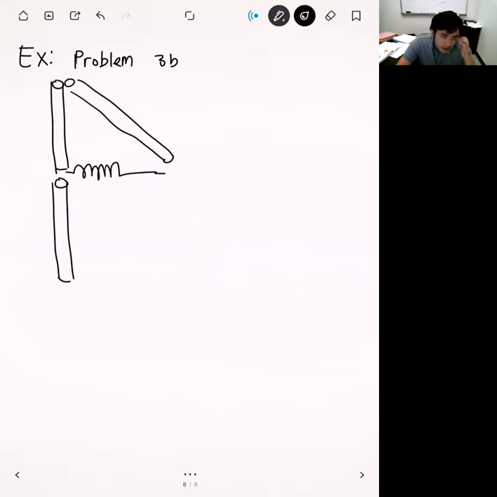So we kind of have this triangle sail type thing. We have a pin support here, and a pin support here. This is node 1, this is node 2, this is node 3, this is node 4. This is element A, this is element B, element C, element D.